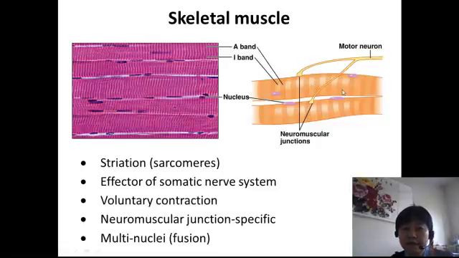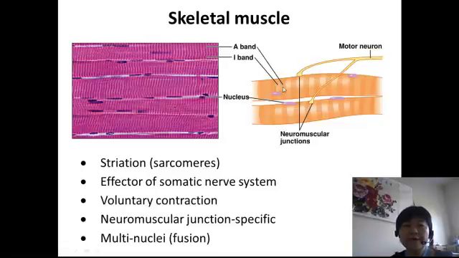On the right side is a diagram showing how a motor neuron innervates the skeletal muscle with multiple nuclei on the surface. Both the left and right pictures show the dark band, which is called the A band, and also the light band, which is called the I band.